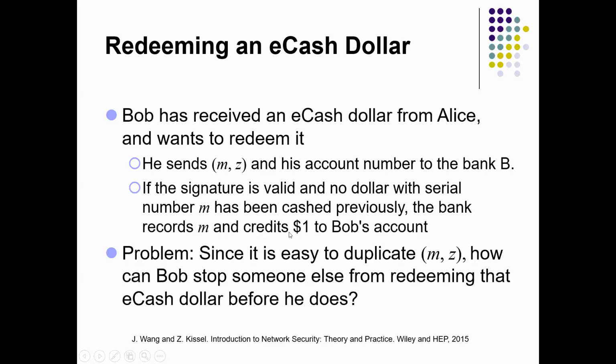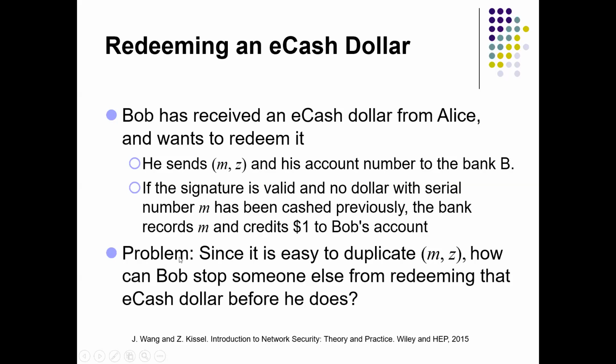And then, of course, credit Bob's account by $1. So as you can see here, blind signature is used to make sure of anonymity of the eCash dollar and untraceability.